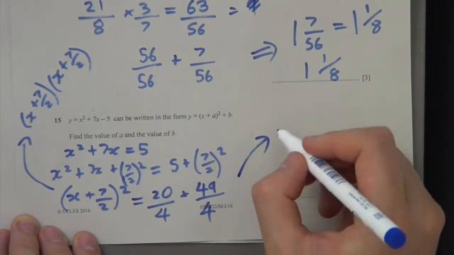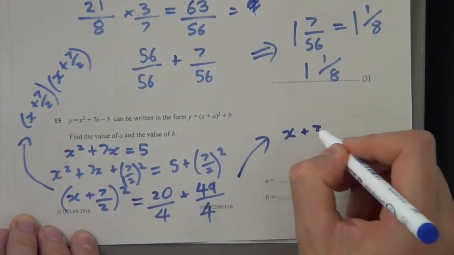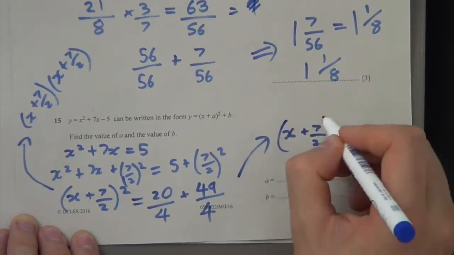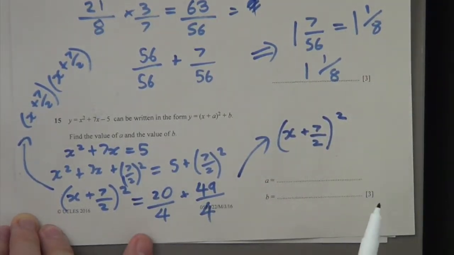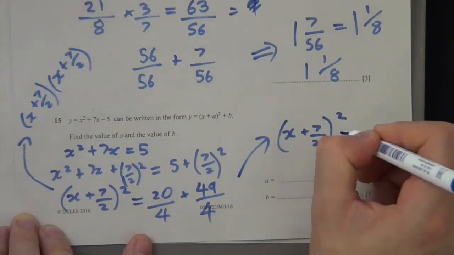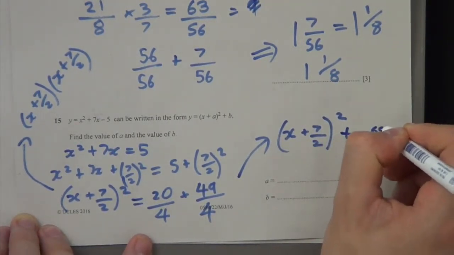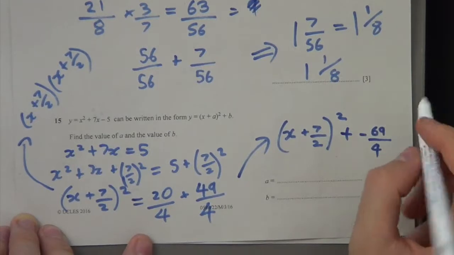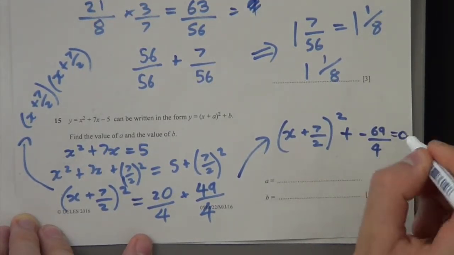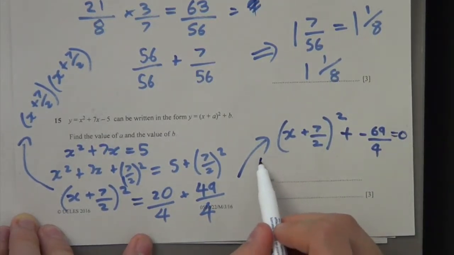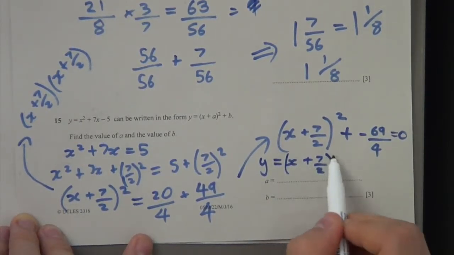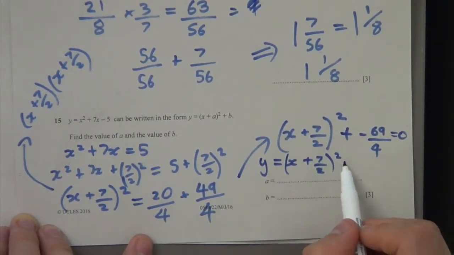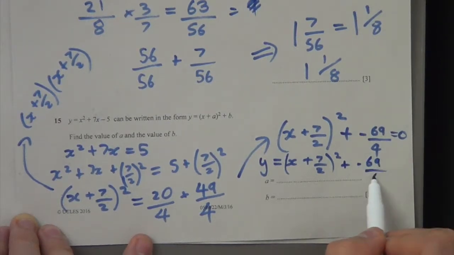So if I write this all out, it becomes x plus 7 over 2 squared, minus 69 over 4 equals 0, or originally y equals x plus 7 over 2 squared minus 69 over 4.